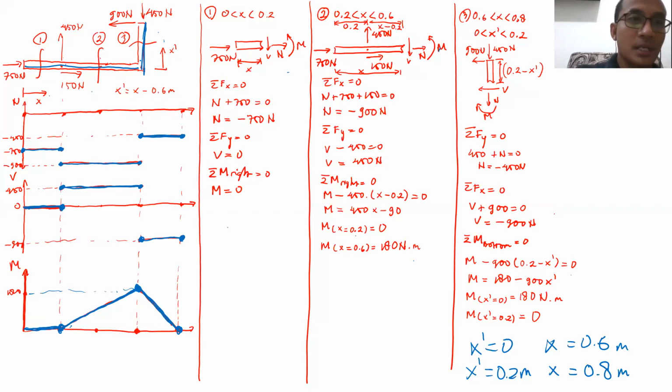If in the horizontal section we look at the normal force, here it becomes shear force in the vertical section. And if we look for the shear force in the horizontal section, in the vertical section it will become a normal force. For the moment it will still be the same.